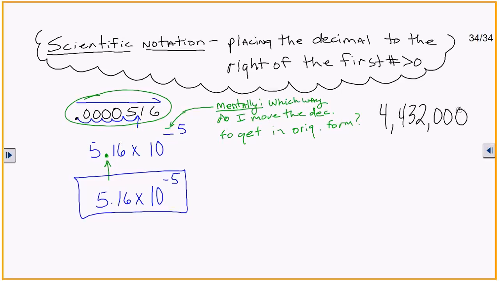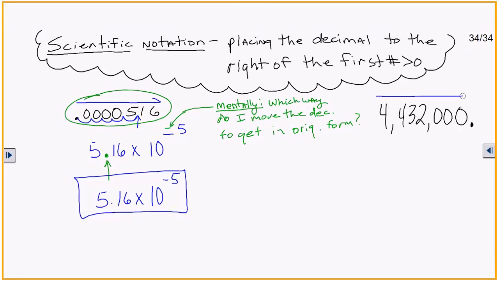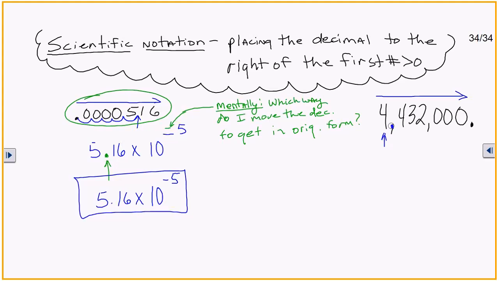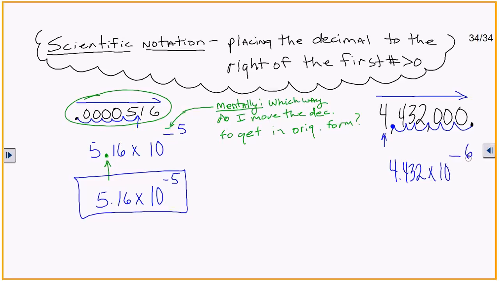Let's use that number. And of course, we know that the decimal is right there, but we want to put the decimal to the right side of the first number greater than 0. We want the decimal right there. So 1, 2, 3, 4, 5, 6. 4.432 times 10 to the blank 6.